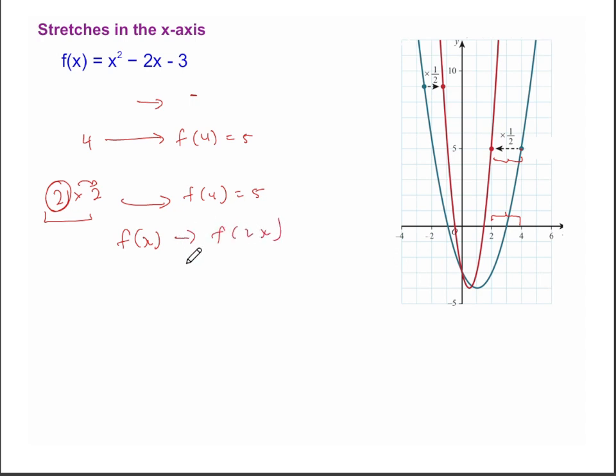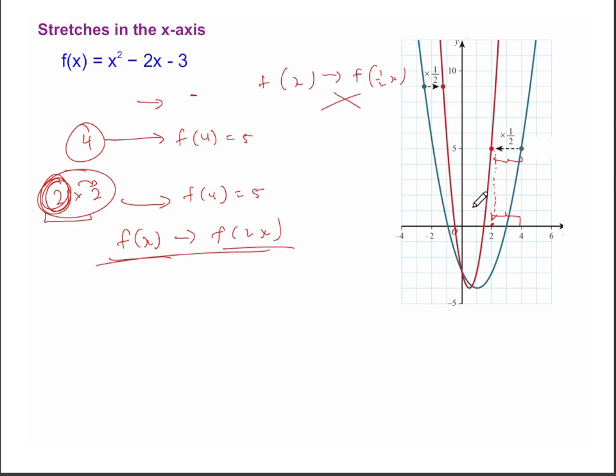Similar concept to what we did for translation. We want the initial thing to be 4 in terms of the input of the transformed graph. And so we want this to happen instead of what you would assume, f of half x. It's not this.